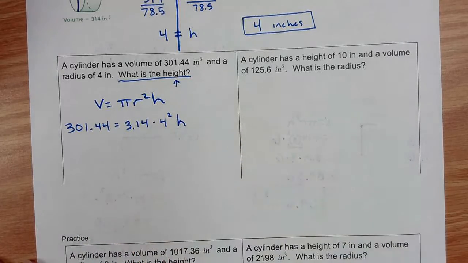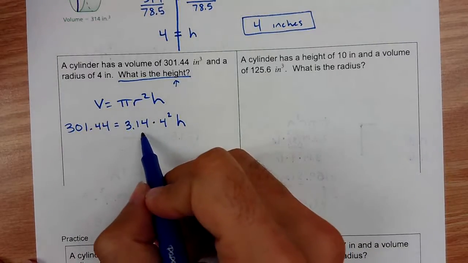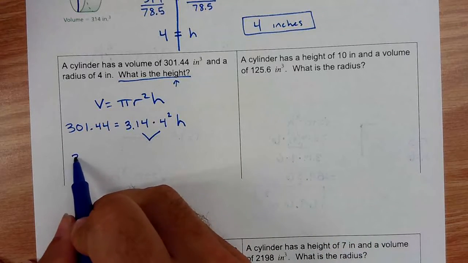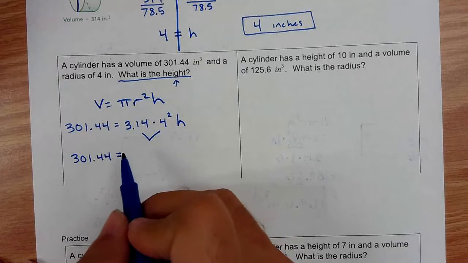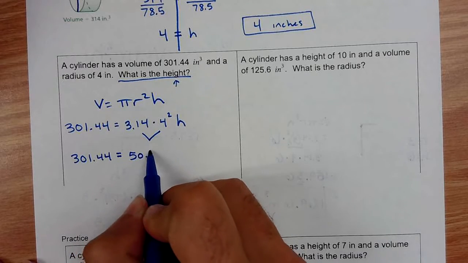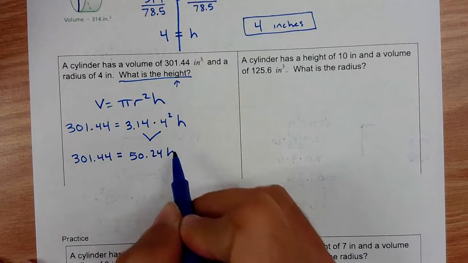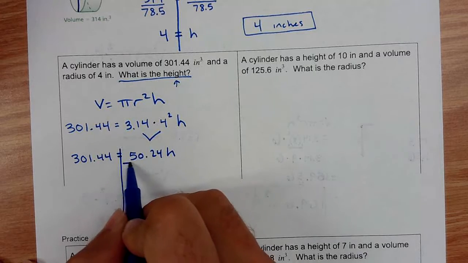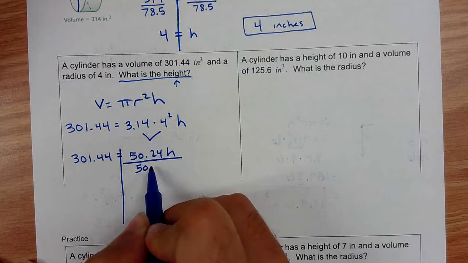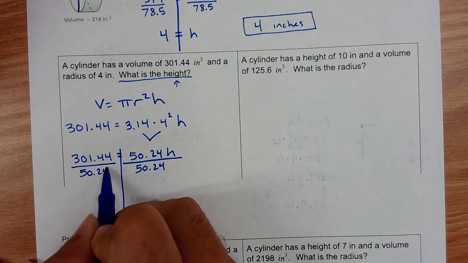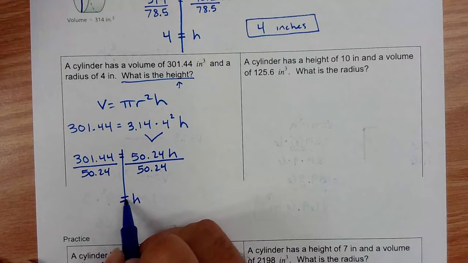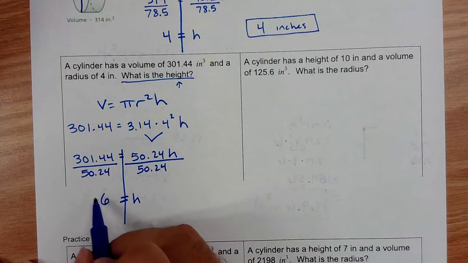I don't know h. 301.44 equals 50.24 times h. Divide by 50.24. And we get an h value of 6.